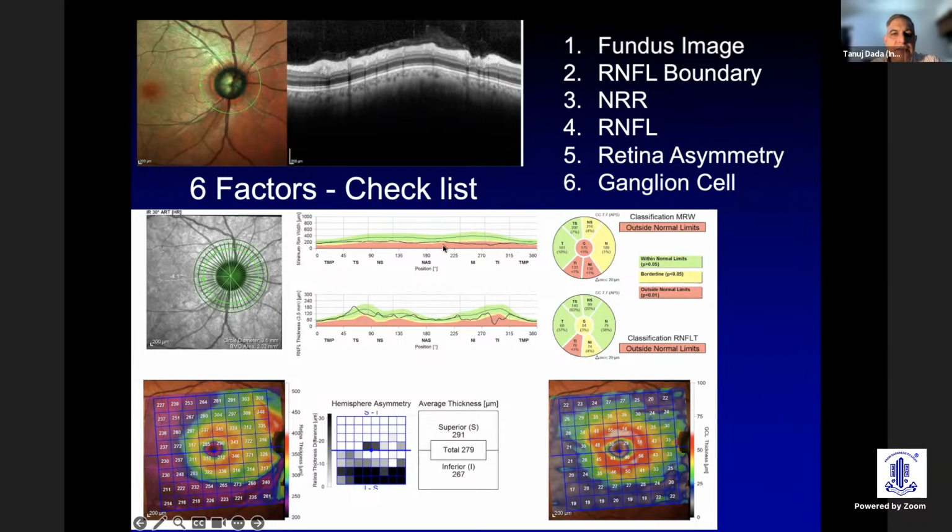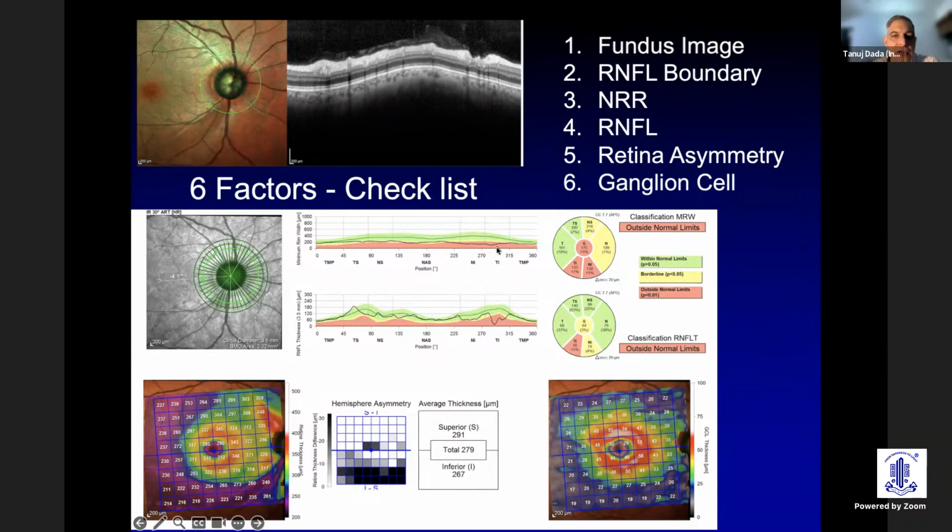Then you see any defect in the neuroretinal rim, and corresponding defects in the retinal nerve fiber layer. And then you look for asymmetry, whether there is an asymmetry between the superior macula and the inferior macula, and see if there is loss in the ganglion cell. So now you can see there is an inferior RNFL defect visible here.